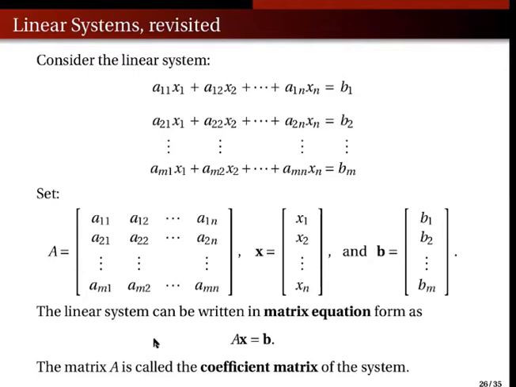And as I have said, the matrix A is called the coefficient matrix or the matrix of coefficients, because you only see the coefficients of the variables.